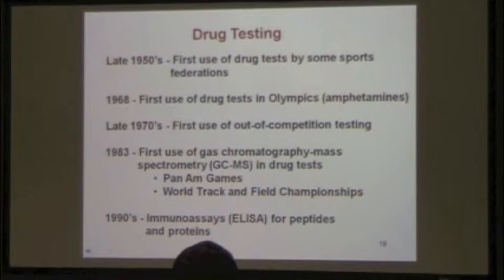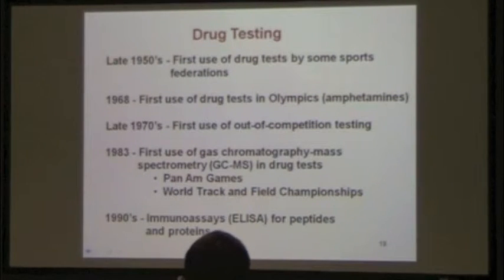And the results were being provided to them almost immediately, within a few hours. And they'd say, here, we know that you took this drug. How did you know that? Well, we have our ways.